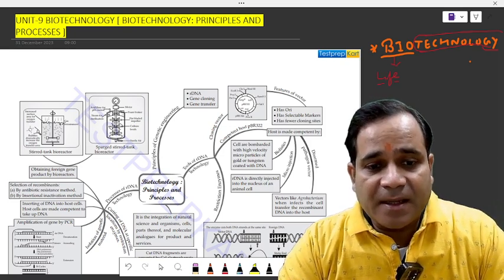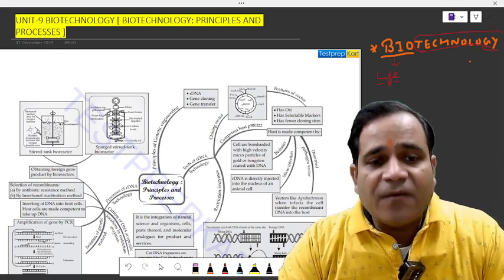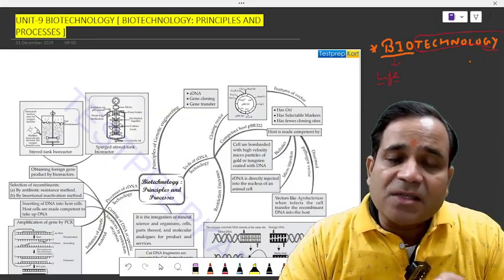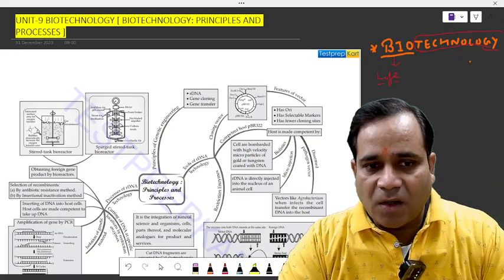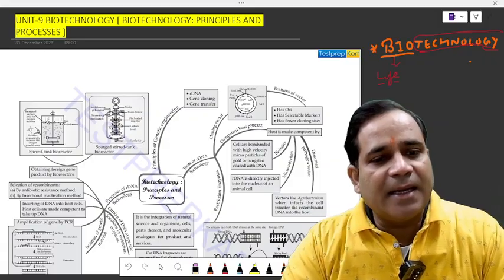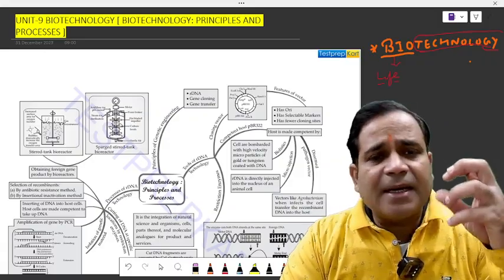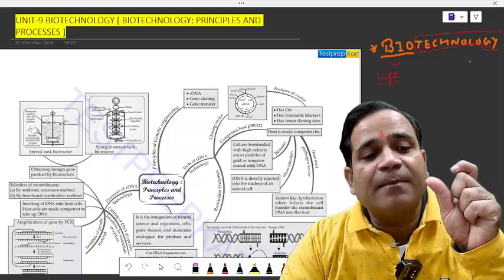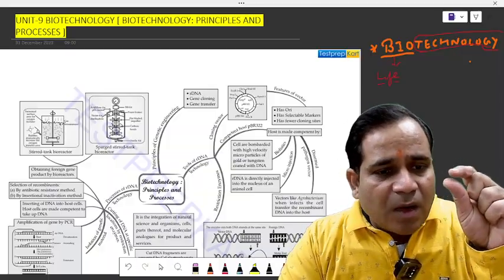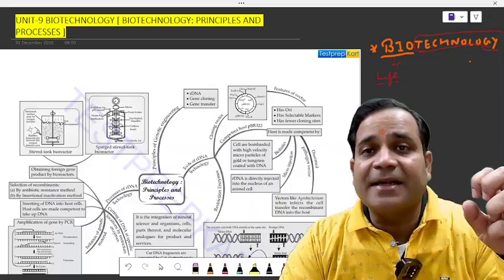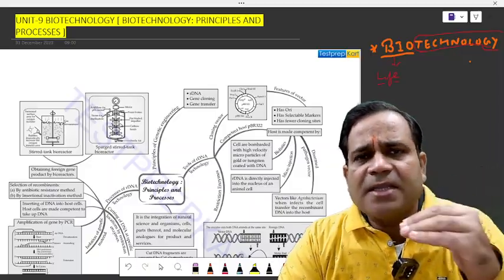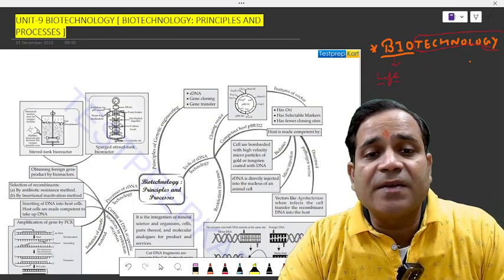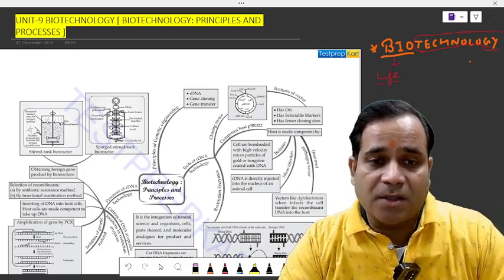For example, in rDNA technology we study how we cut the DNA and how we study the specific location of restriction enzymes, and how we isolate the genetic material. All these things we study in biotechnology.